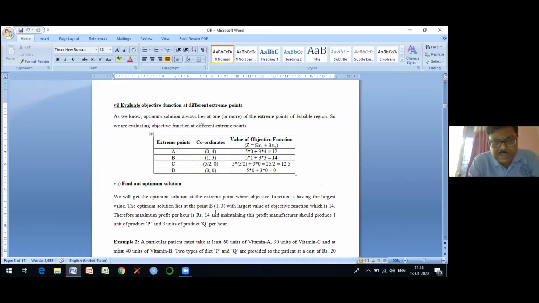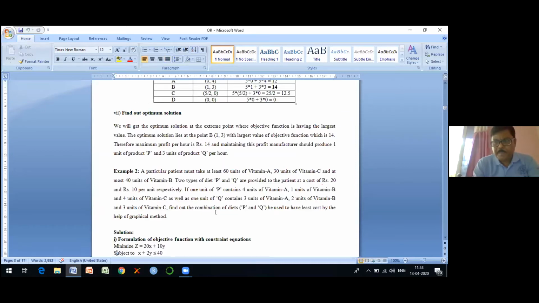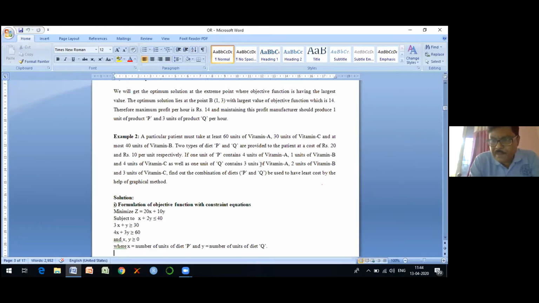How is this problem different from the first one? How is it called minimization? This is not a maximization problem, because in the last line we have written that the aim is to have the least cost with the help of the graphical method. From here you are sure that this problem relates to minimization.